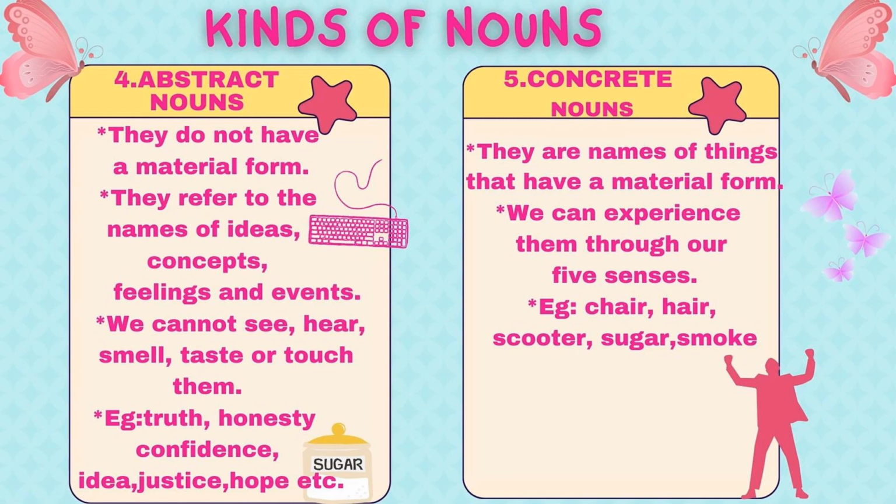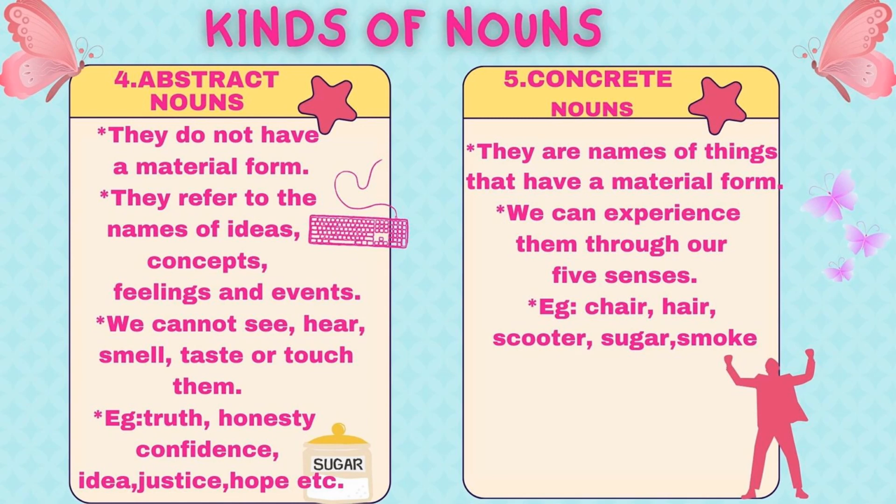So you kind of relate that, because these two types of nouns are kind of opposite to each other in terms of their meaning. Because abstract nouns, we saw that all these words do not have a material form, whereas if we talk about concrete nouns, they are names of things that have a material form. So it basically is kind of opposite in the meaning, right?